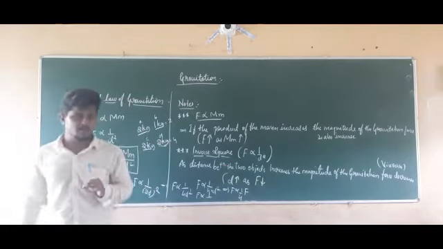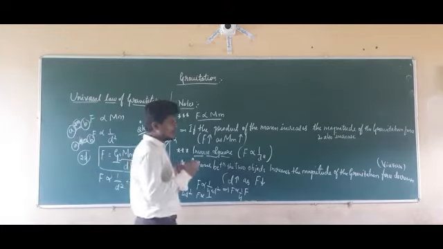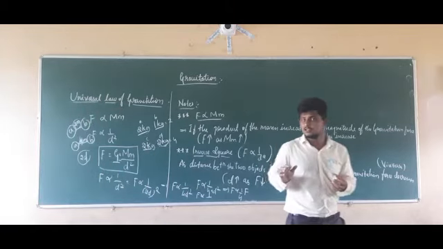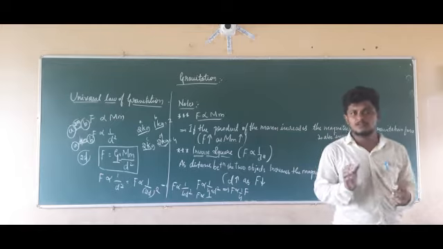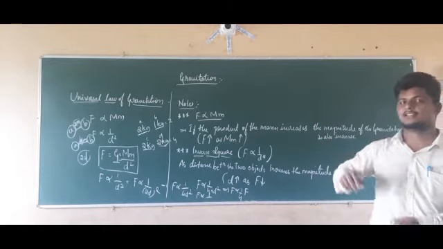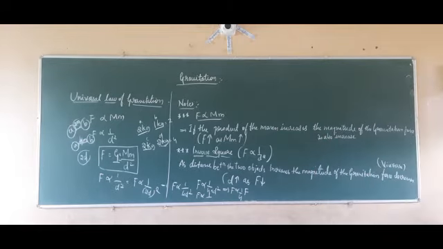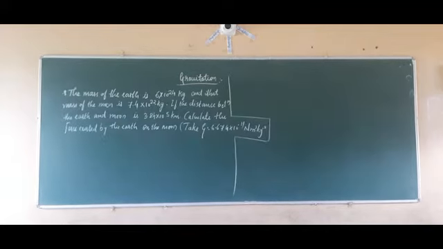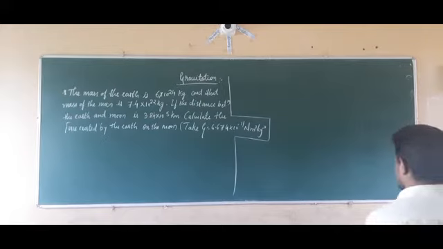So next, I am going to solve a numerical which is given in your textbook, so that we understand further how gravitation works and what the magnitude of the force in gravitation will be.